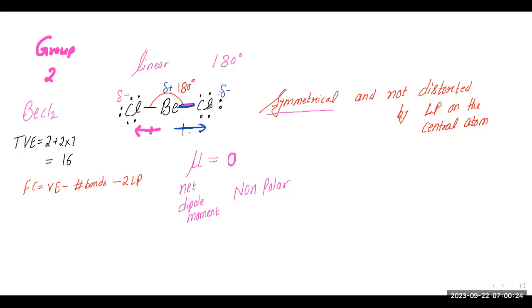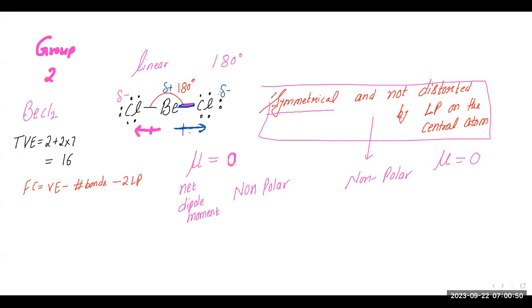So their electron density is very high. So they can create more repulsion to the rest of the things. So they distort the shape. So no distortion. So these kind of molecules will be non-polar. Children, is it okay? Because they are going to have net dipole moment equal to 0.